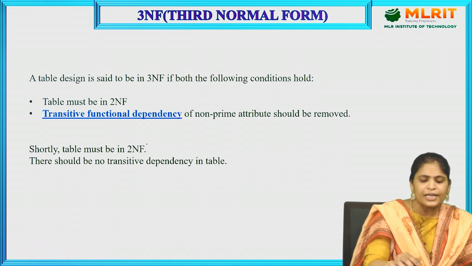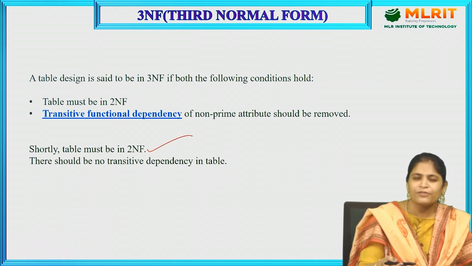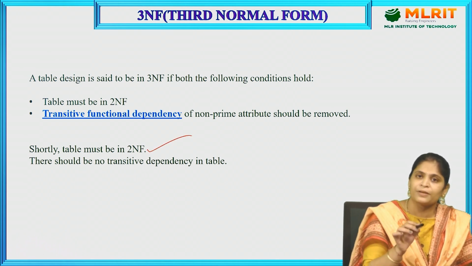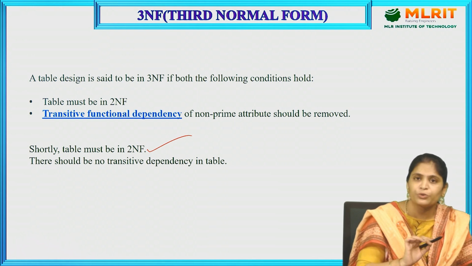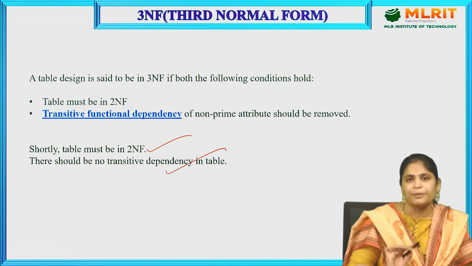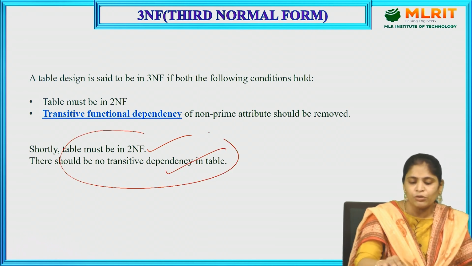So shortly, a table must be in 2NF. What is 3NF? It must satisfy two conditions: the table must be in 2NF and there should be no transitive dependency. These are the two steps that we need to keep in mind.